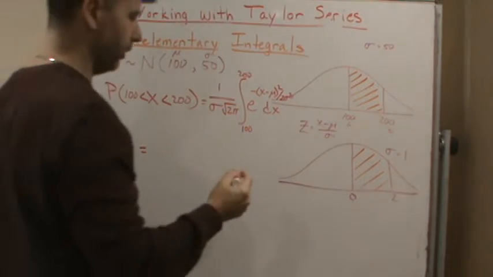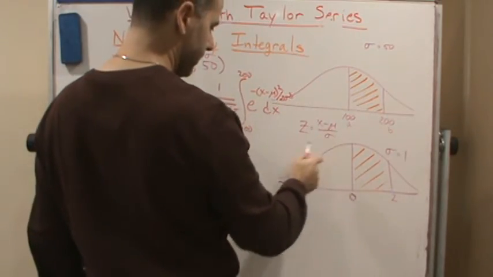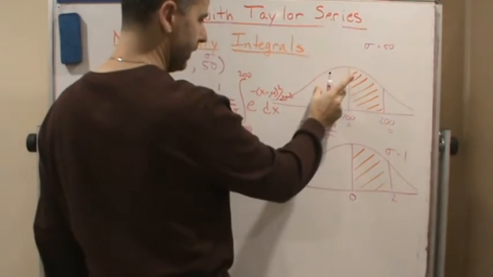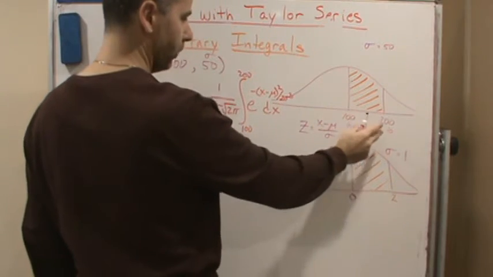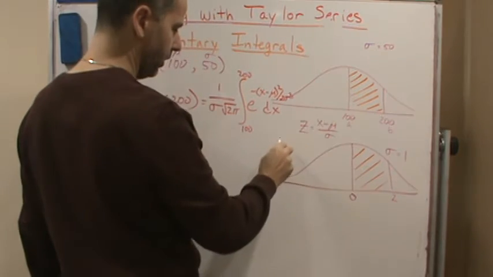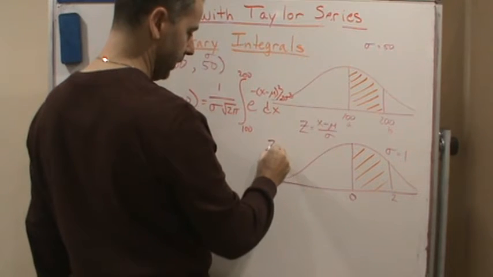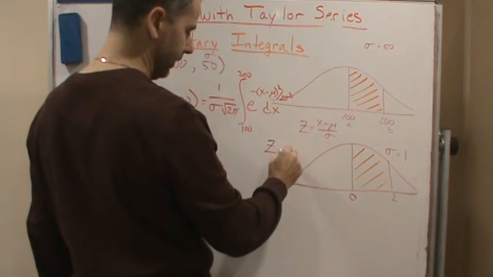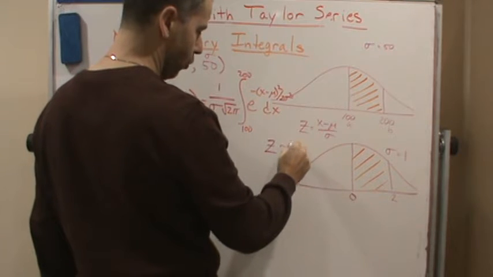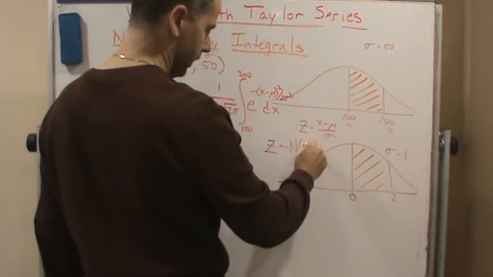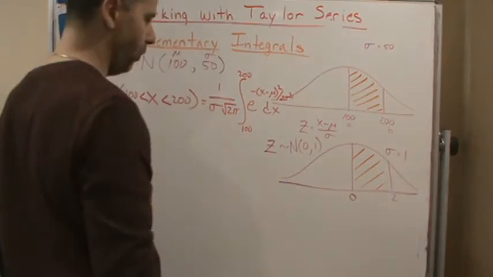Remember, when I do my z-score formula, I'm transforming this general normal distribution to a standard normal distribution. So z is normal with a mean of 0 and a standard deviation of 1.